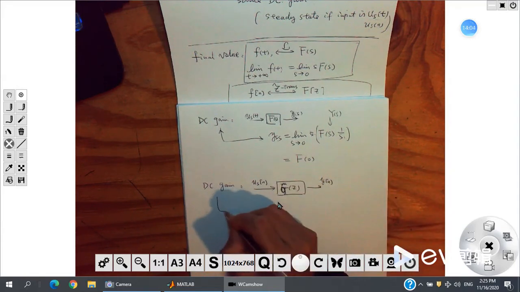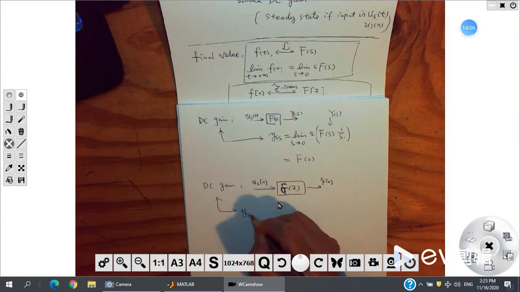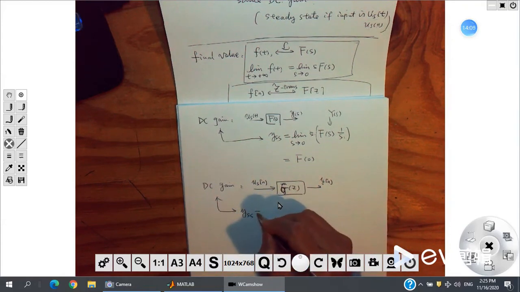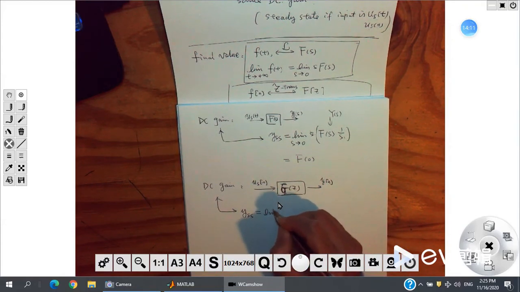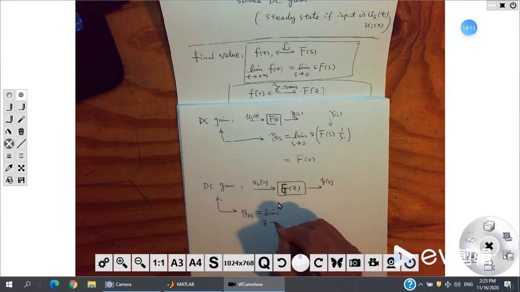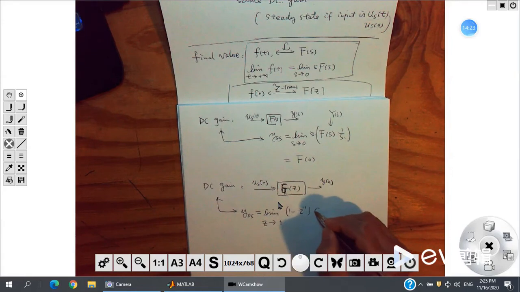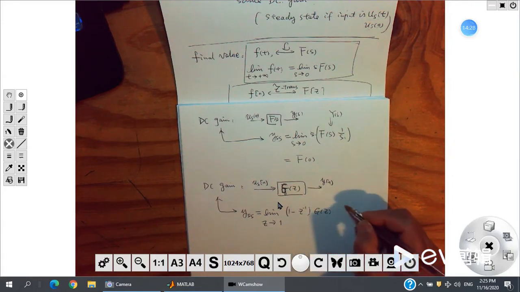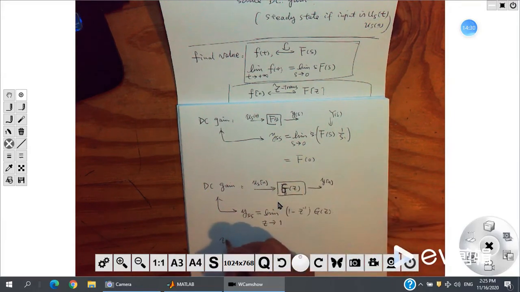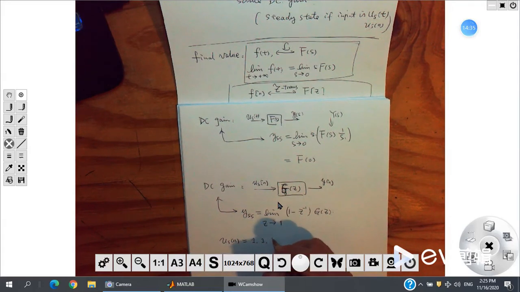Then this is also the steady state of y, and it is the limit as z tends to 1 of (1 minus z to negative 1) times G(z) times u_s(n). u_s(n) is 1, 1, 1, all of them are 1, starting from n equal to 0.